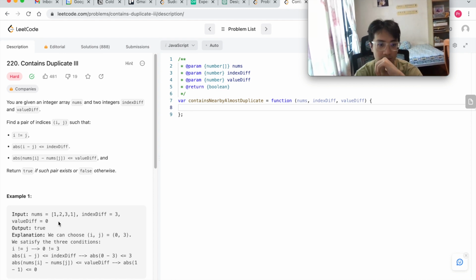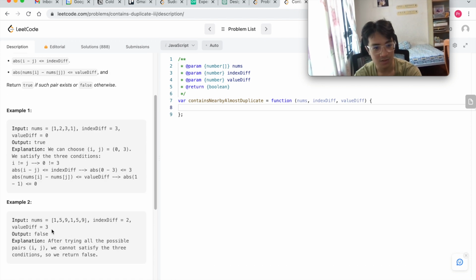So some examples: index difference 3, value difference 0, right? So 1 and 1, that could be indices 0 and 3, and the conditions are satisfied.